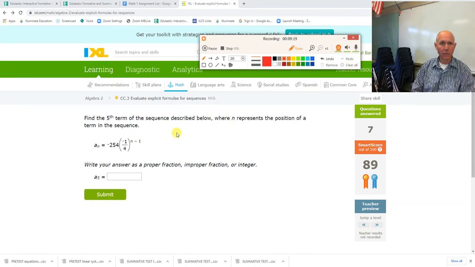Okay, the fifth term. So negative 254, negative 1/4 raised to the 5th minus 1. So 5 minus 1 is 4. So I'm going to take this to the 4th power. It's going to give me negative 254. Negative 1 to the 4th is 1, and 4 to the 4th is 256.